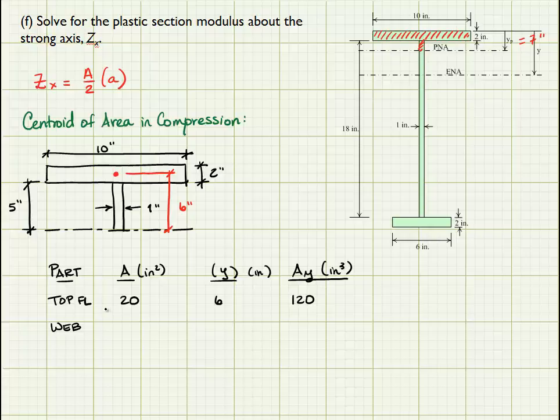For the web, the area is 5 square inches. And Y, from the location of the plastic neutral axis to the centroid of the web, is going to be 2.5 inches. So A times Y is 12.5 inches cubed.